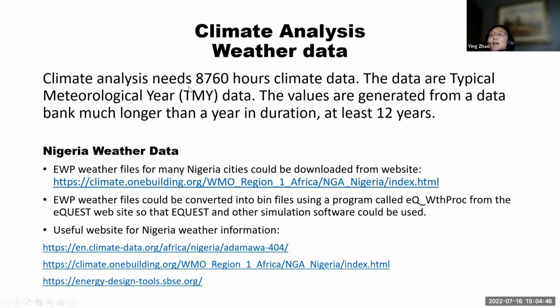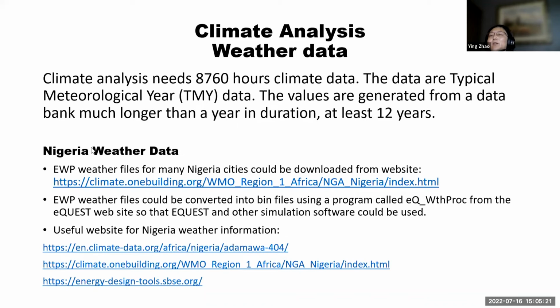For climate analysis, we need hourly climate data. The data are typically typical meteorological year data, which is not a single year but probably at least 12 years, so that it can represent typical weather information.